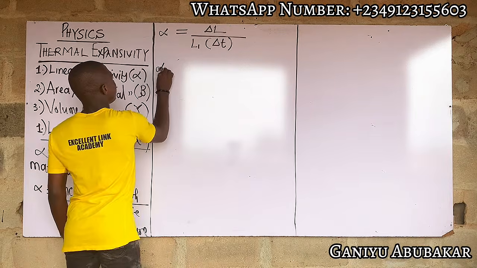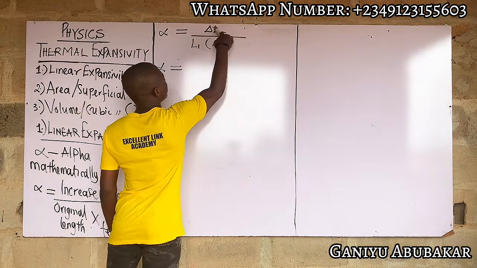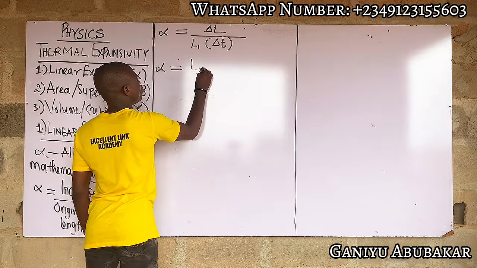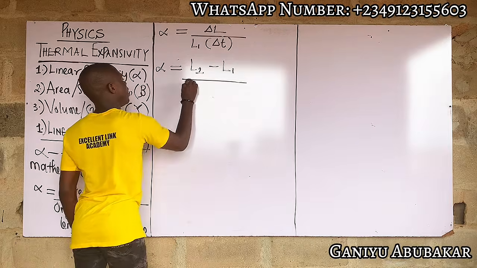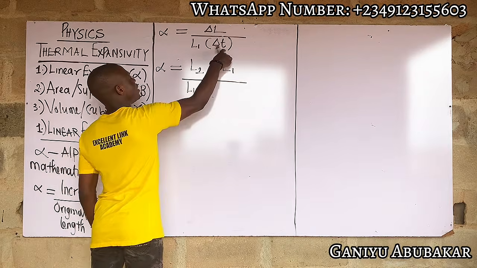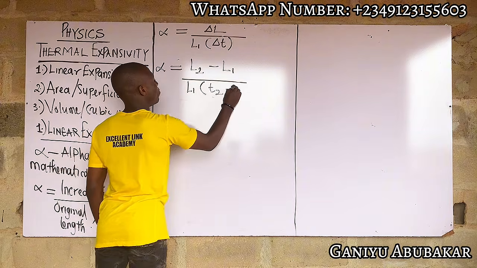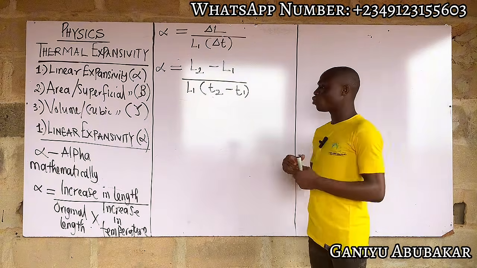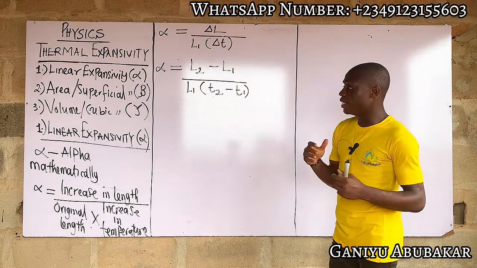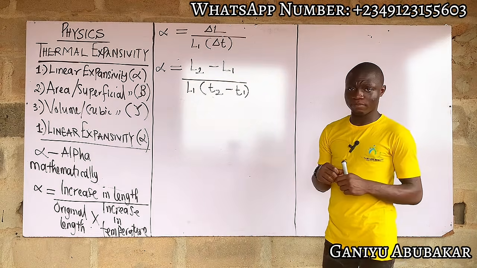So alpha is equal to change in length, which is simply L2 minus L1, all over L1 times change in T, which is T2 minus T1. So it becomes your mathematical expression for linear expansivity.